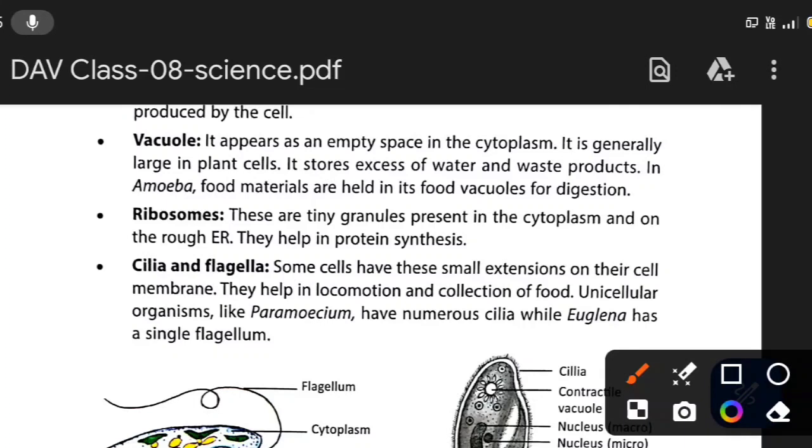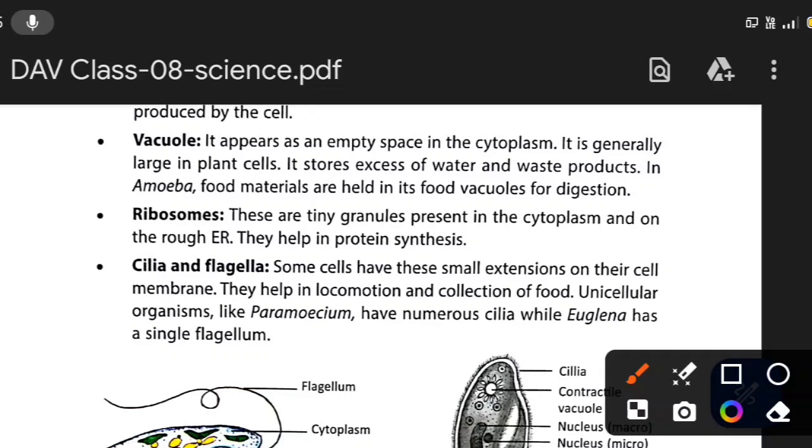By the help of cilia and flagella, they can move from one place to another. Also, they collect their food. So these are the locomotory organs. They have two functions. They help in locomotion as well as in collecting food.